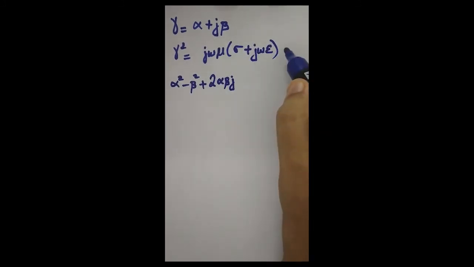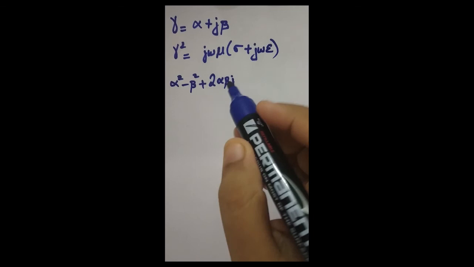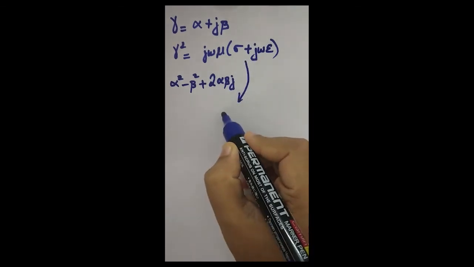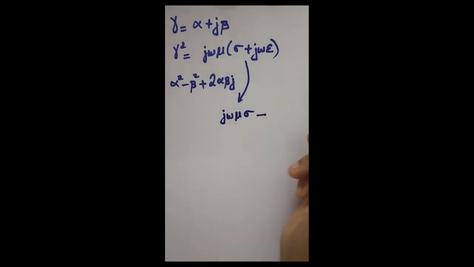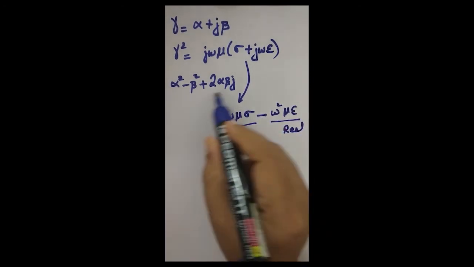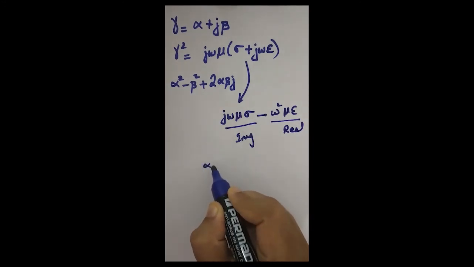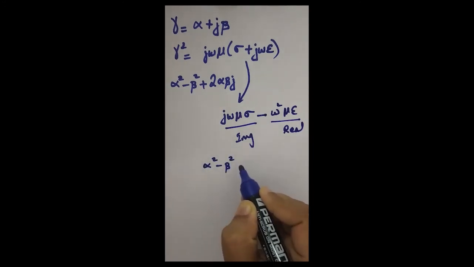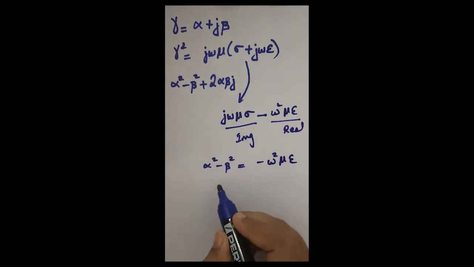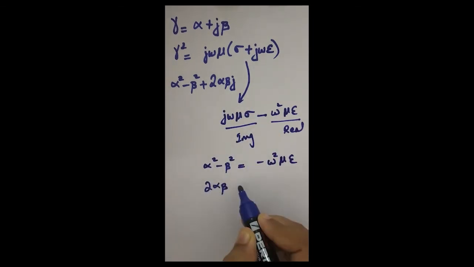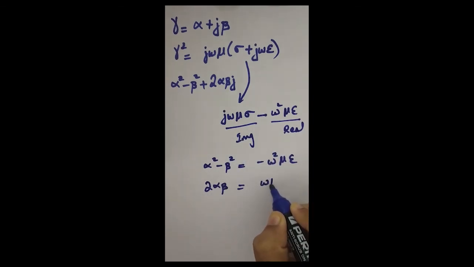On expanding the right side, it will be j omega mu sigma minus omega square mu epsilon, since j square is minus 1. So this is the real part, this is the imaginary part. Equating them, you get alpha square minus beta square equal to minus omega square mu epsilon for the real part, and for the imaginary part, 2 alpha beta is equal to omega mu sigma.